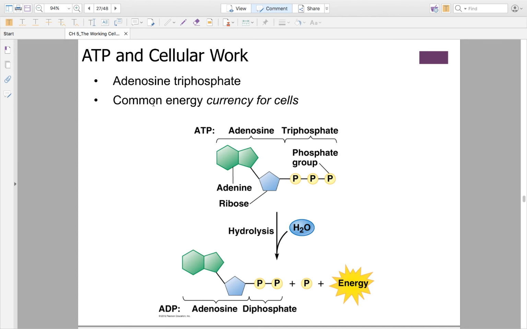Okay, so next we're going to talk about ATP, which is cellular energy. It's also referred to as cellular currency. Now, what's a currency? What's the currency in the United States? Of course, the currency here is the dollar. In the UK, it's the pound. In Jordan, it's called a dinar. In Mexico, it's called pesos.